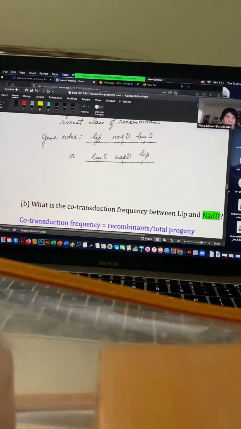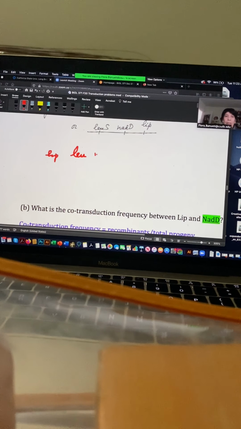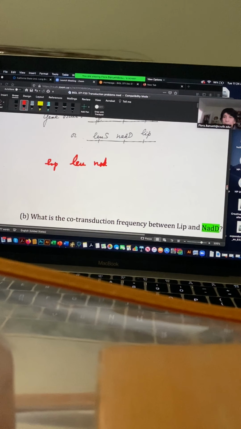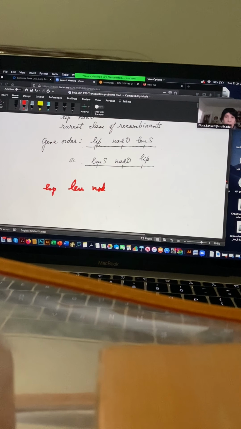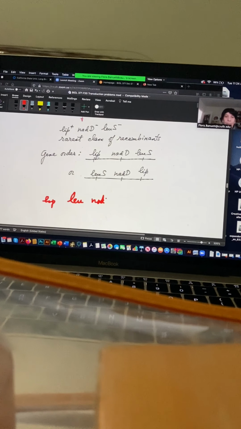Let me create some space here. So if I put lip, writing this is a little cumbersome, and then I put lu, and then nad. Okay, I don't have a pen to do this, so I need to do the markers, plus, plus, and minus for lu.